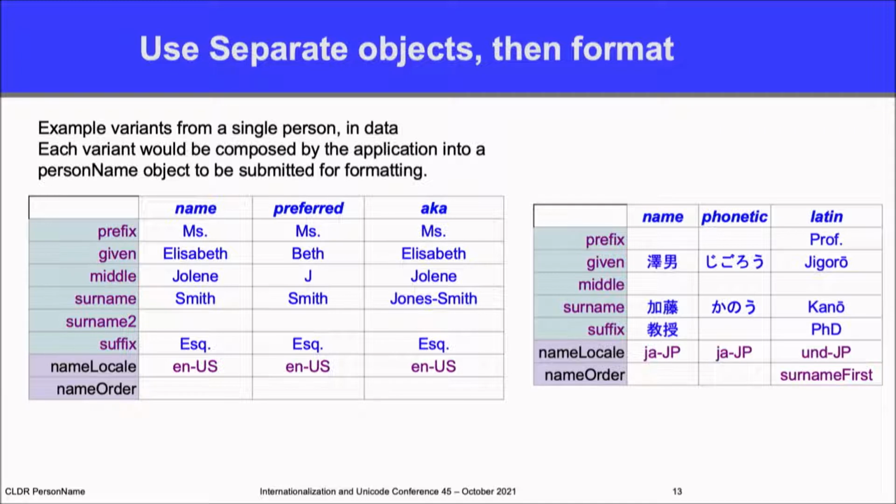But an interesting thing on tracking the application, if you notice the locale fields on the bottom of the Japanese object, you know when you have Japanese in Japan, but now you have Latin, you go, well, it's Japanese, but I have a different script and so on. So there's a tag that is being recommended to use, und, for undefined or undetermined language, for instance.